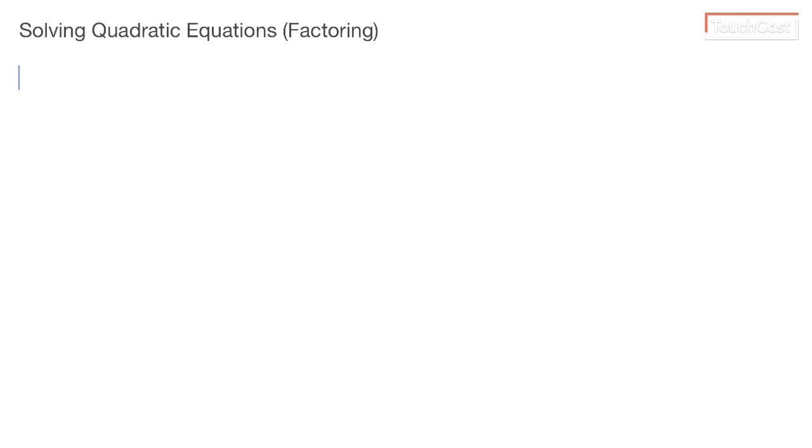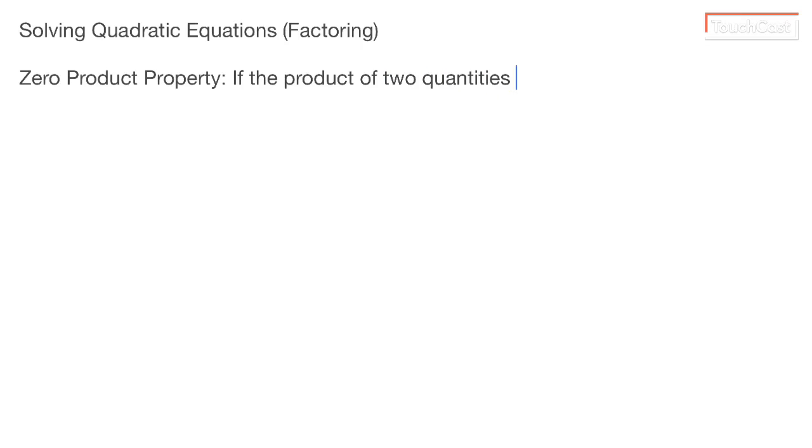Now before we get into any examples, I want to talk about a property called the zero product property. All the zero product property says is if the product of two quantities is equal to 0, then at least one of the quantities is equal to 0.